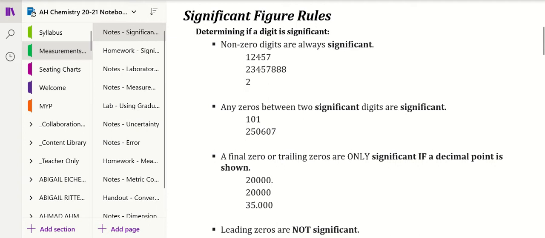So if we look at this first number, 12,457, how many significant digits does that number have? If we count them, how many? Five. So this has 5. You'll see significant figures abbreviated as sig figs or sig fig. Okay, what about the second number? All non-zero digits, so all of the digits are significant.